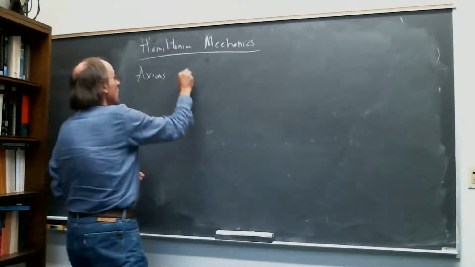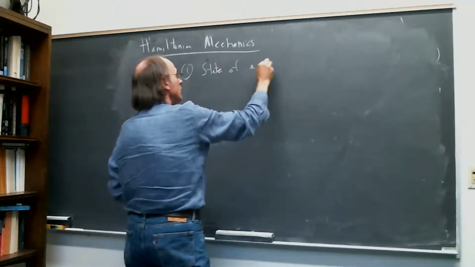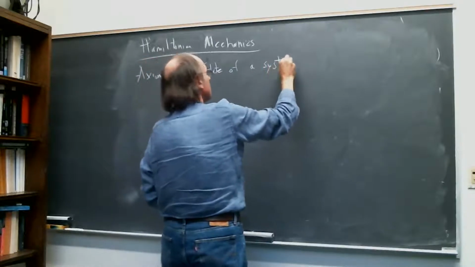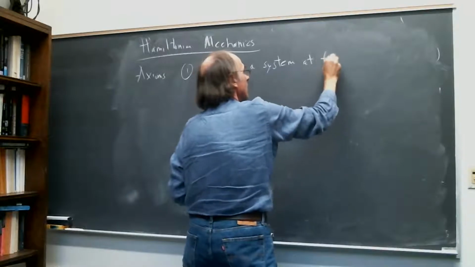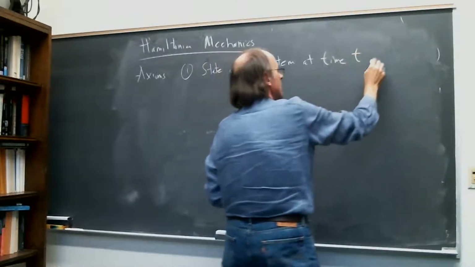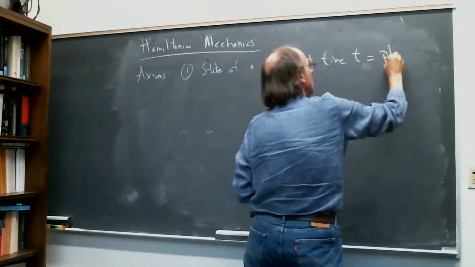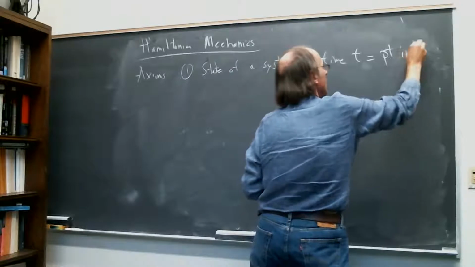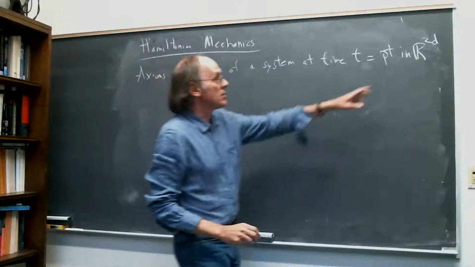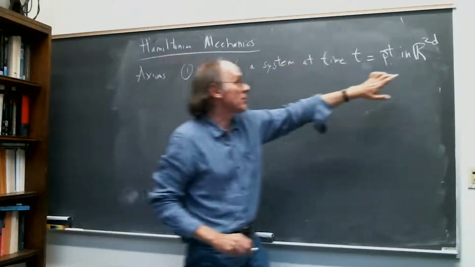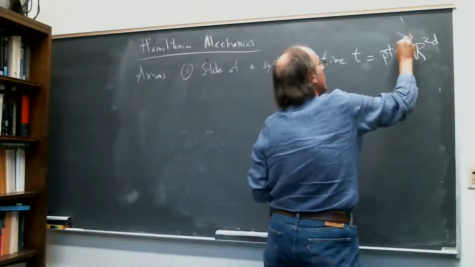The first axiom is that the state of a system at some time t is given by a point in R^2d. Again, this should start to look familiar. It's the same R^2d that we're going to use in quantum mechanics. But this is often called phase space.